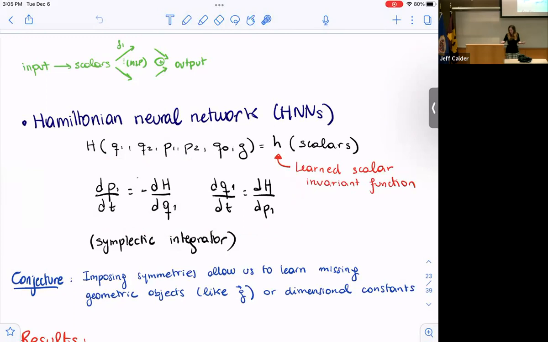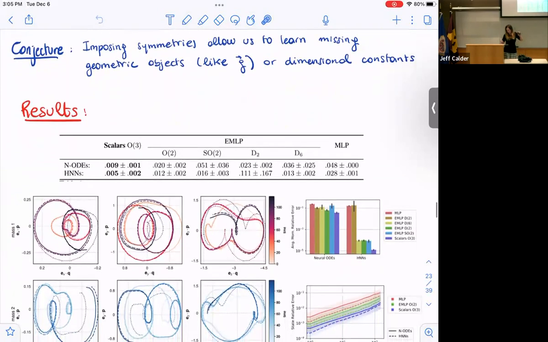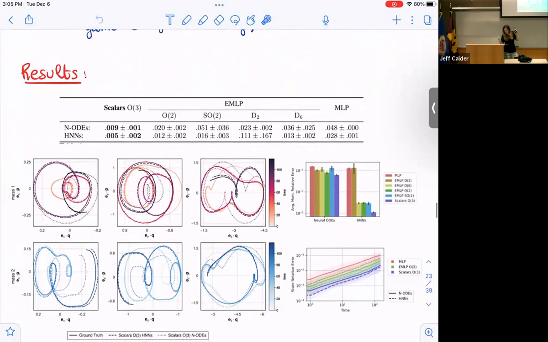And the claim is that the more symmetries that you implement, the better the learning, right? We have some examples that show this, in this toy example, which is this double pendulum. You can see that the more symmetries that you implement, so the larger the group, the smaller the error. Here there's no group, it's just an MLP.